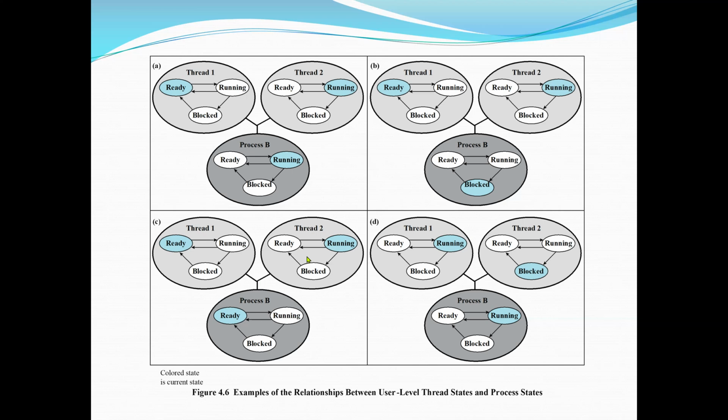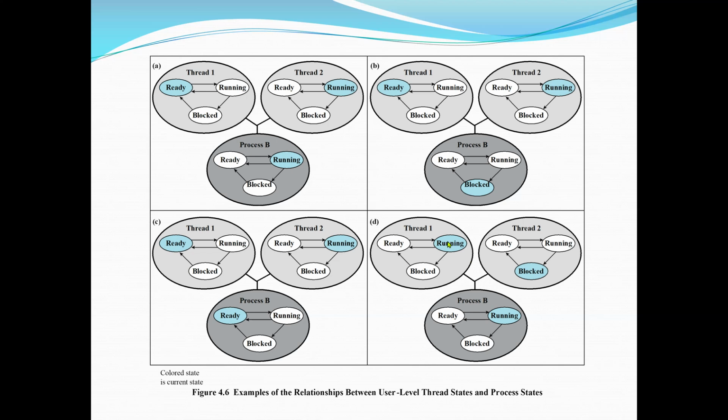Now, thread 2 has reached a point where it needs some action performed by thread 1 of process B. So thread 2 enters a blocked state, and then thread 1 transitions from ready to running state.